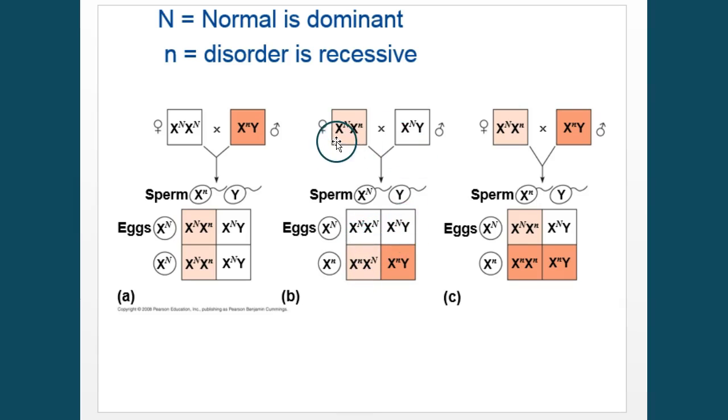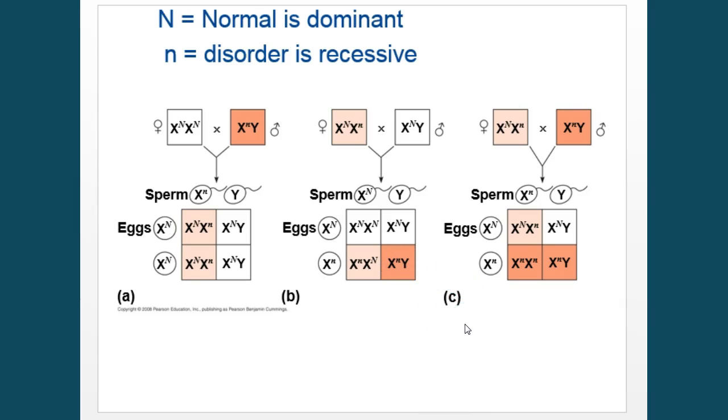Could have a normal son, get the normal X from mom, get dad's Y, no issues there. Could have a daughter that is a carrier, get the affected X from mom, dad's regular X, or you could have a son that is affected, get mom's affected X chromosome and dad's Y, so that trait would express.